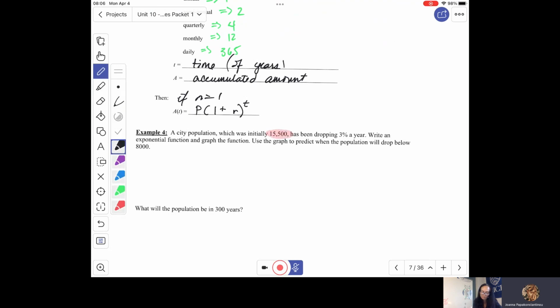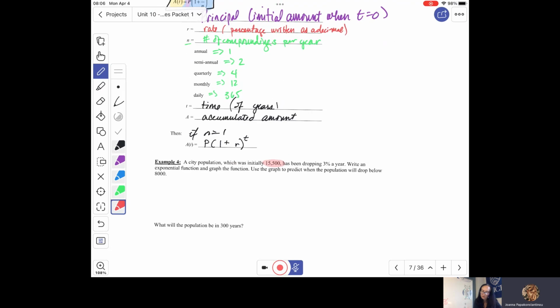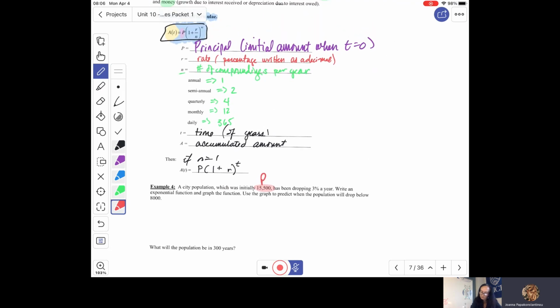So what does that number represent in our formula? P. So P is 15,500, has been dropping 3%. So is our population increasing or decreasing? It is decreasing, and if I want to write 3% as a decimal, what would it be?